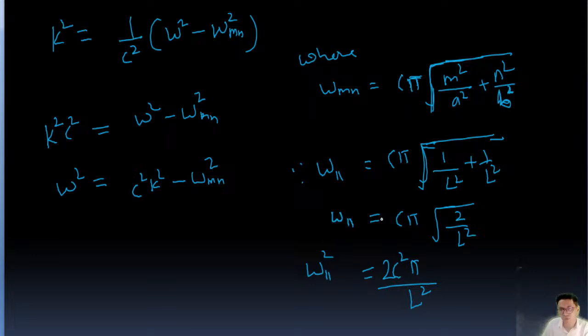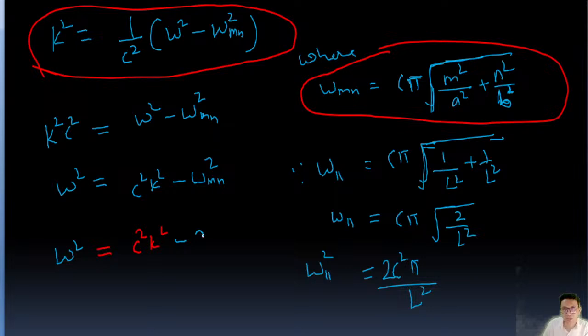Okay, so now from here we can write this value. Omega square is going to be c square k square plus 2 c square pi square upon L square. This is a very important formula, you need to note it down. We can call this equation number 1.